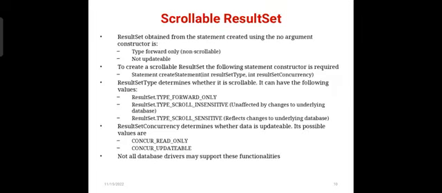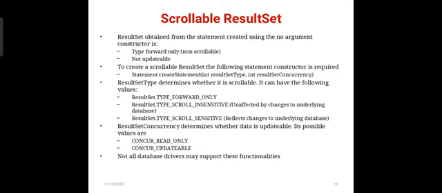Scrollable result set. If the result set we are retrieving from the table is too long, we can use this method, scrollable result set. It is obtained from a statement created using the no-argument constructor, with type forward only and not updatable.